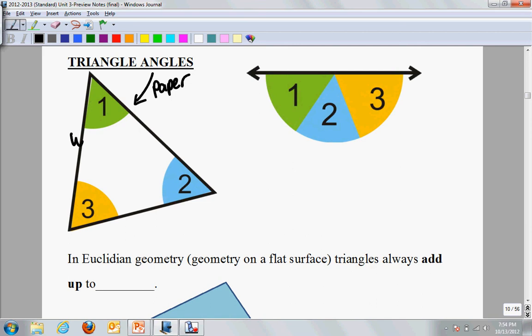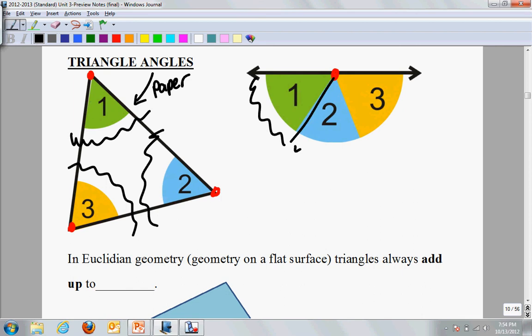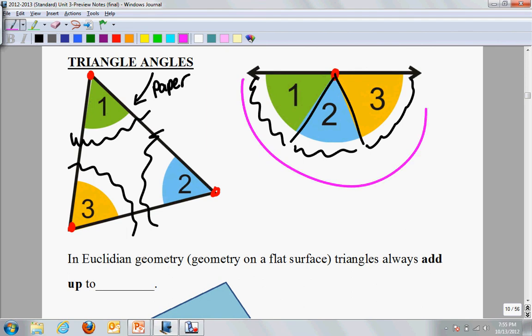If you were to cut this corner 1, cut this corner 2, and cut this corner 3, and then arrange them so that their vertices all line up together, they all hinge together, what you're going to notice if you were to rotate those 3 wedges is that those 3 corners would automatically add up to 180 degrees.